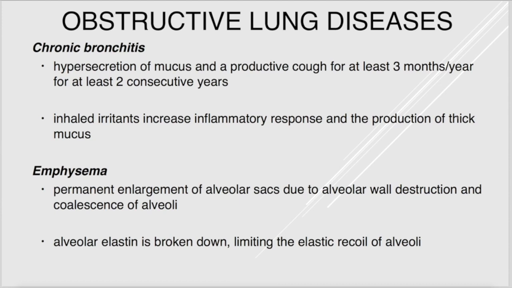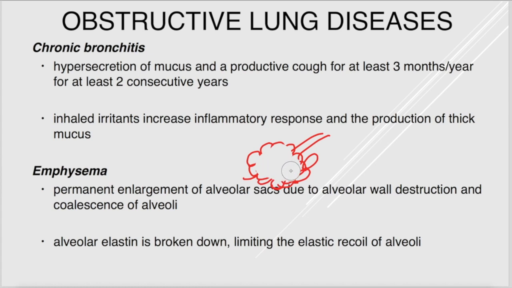Emphysema, what happens in emphysema is, I showed this in class, you have these airways, and you have these alveoli. The purpose of these alveoli being set up like this is to increase surface area for gas exchange. The problem is, in emphysema, these walls between the alveoli start to break down.